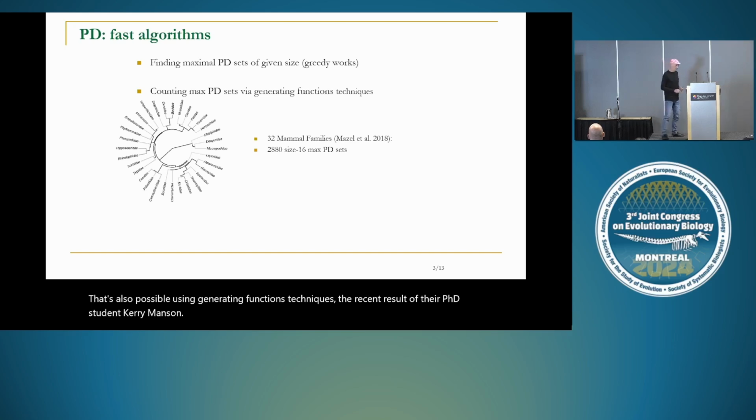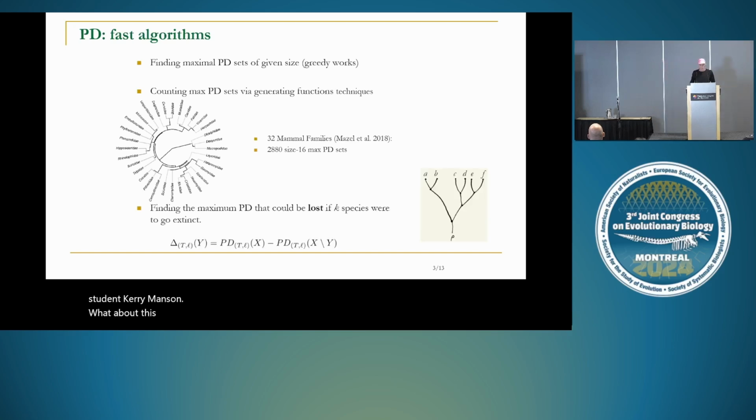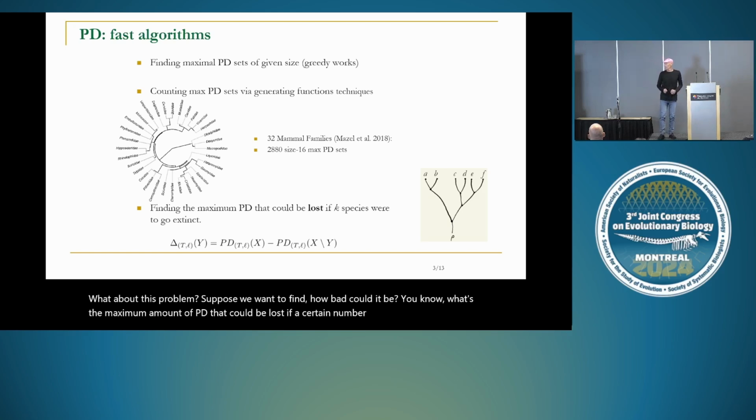What about this problem? Suppose we want to find how bad it could be. What's the maximum amount of PD that could be lost if a certain number of species were to go extinct? That's a little bit of a different problem. We're really trying to maximize that quantity on the bottom there. And here greedy doesn't work, because the two species whose extinction would cause the largest loss of PD are species A and B on the left.